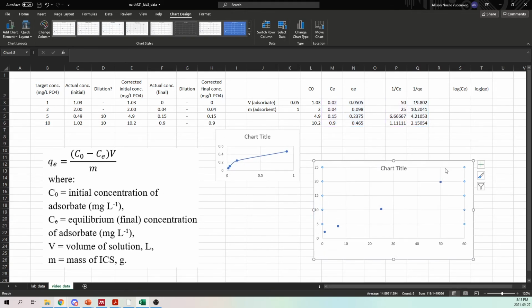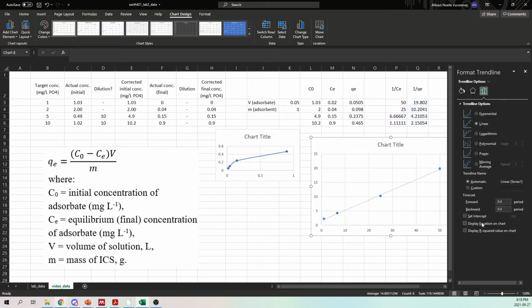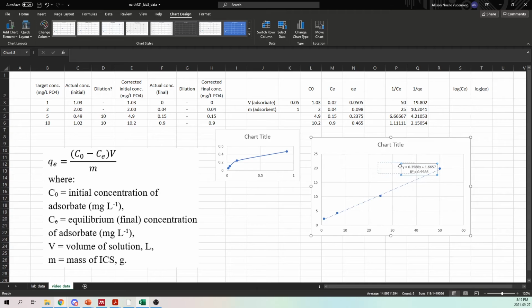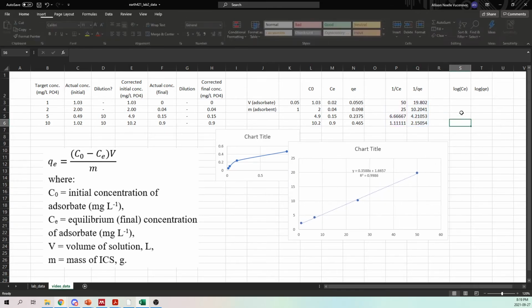Okay, so here's our Langmuir isotherm that we have. We have 1 over CE on the X and 1 over QE on the Y. If we insert a trend line for this and show our equation of the line and the intercept, we get a 0.99 r squared value, so the relationship looks pretty good.